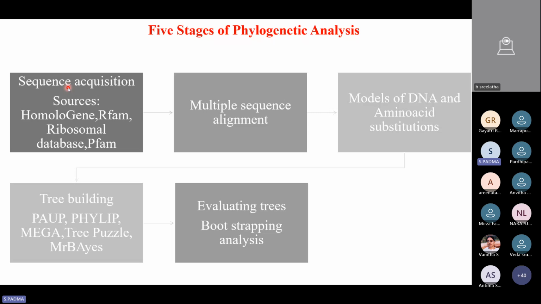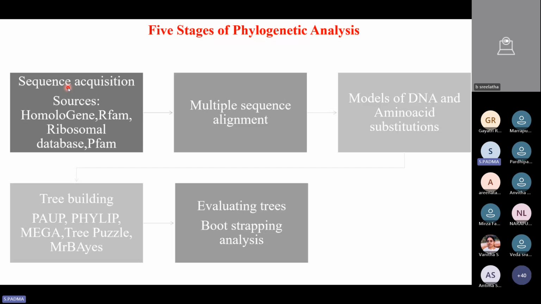Now, what kind of sequences should you acquire? Taking up sequences is one aspect. If you want to do phylogenetic analysis, what are the resources from where you can get those kinds of sequences that can be subjected to analysis?